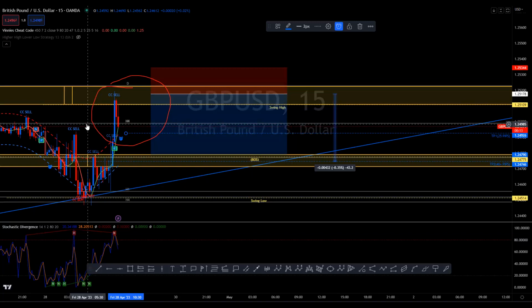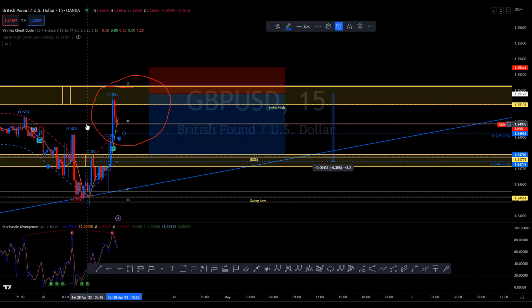Just trail the stop loss. That way we'll lock it in. $15 profit. Okay, that's cool. So I can document that.